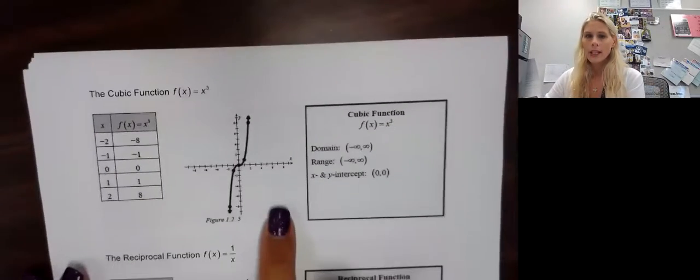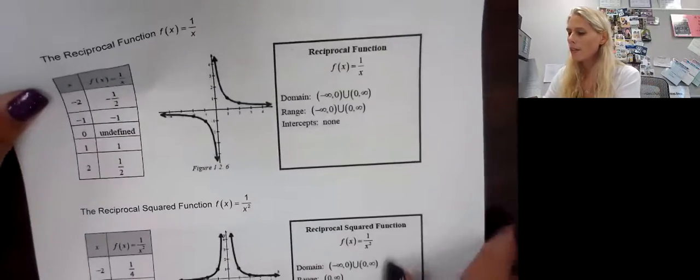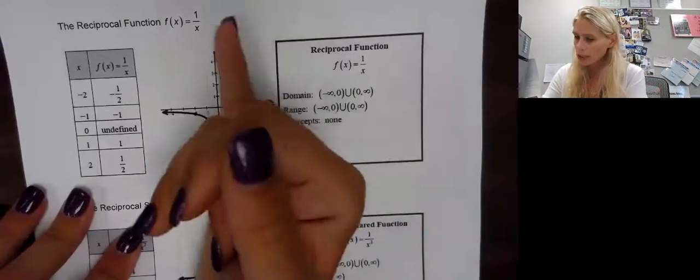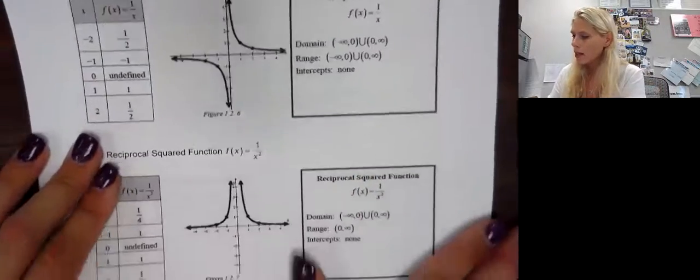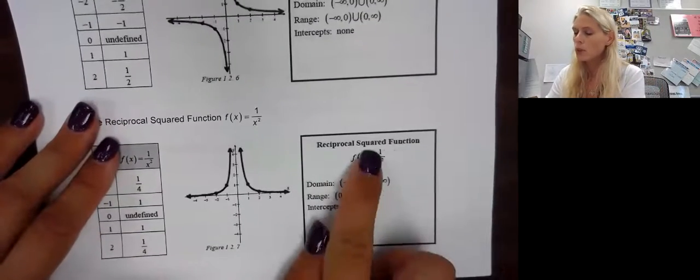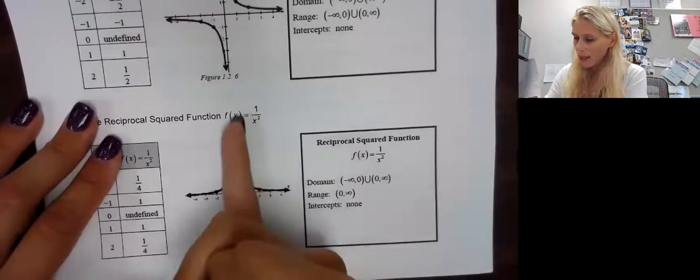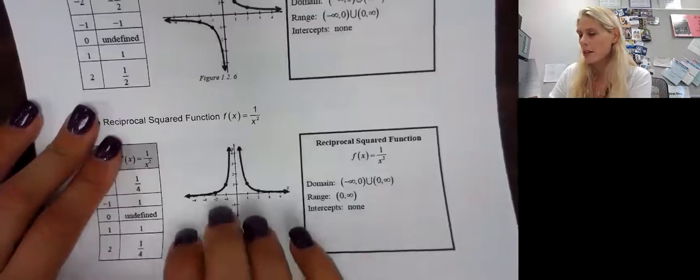We have a cubic, x cubed. We have a reciprocal, which is 1 over x. So there's an asymptote, right, at the y-axis. We have a reciprocal squared function, so it's 1 over x squared. Again, we have an asymptote at 0 because we can't have 0 under the denominator.